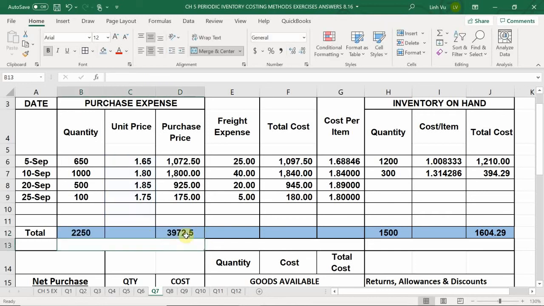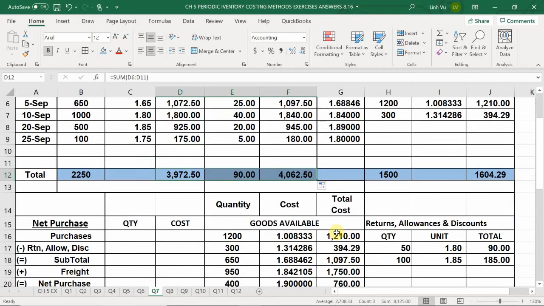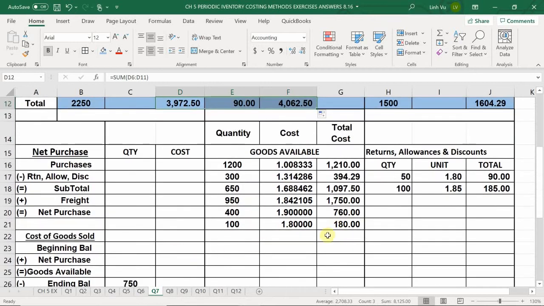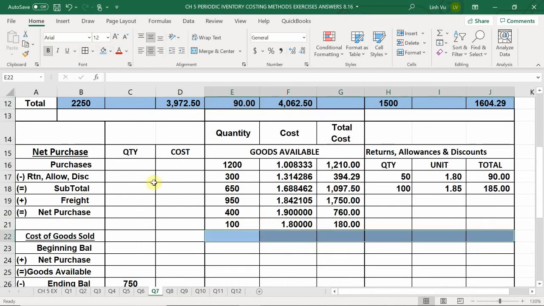Good. How much is my freight? $90. And what was my total cost? $4,062.50.